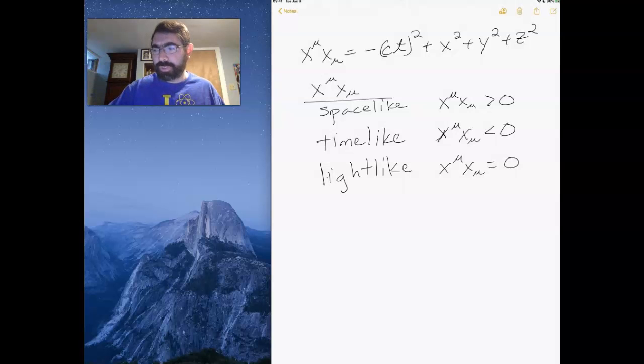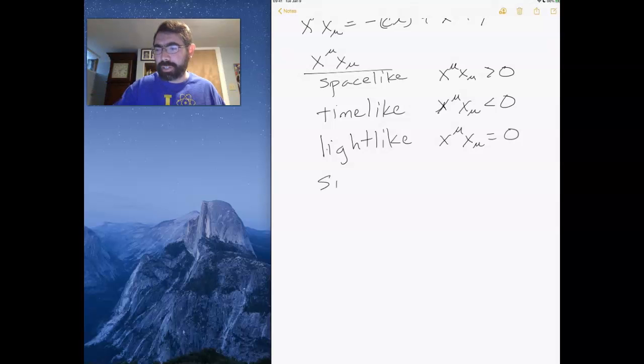Well, what most people do is they draw out what's called a space-time diagram.